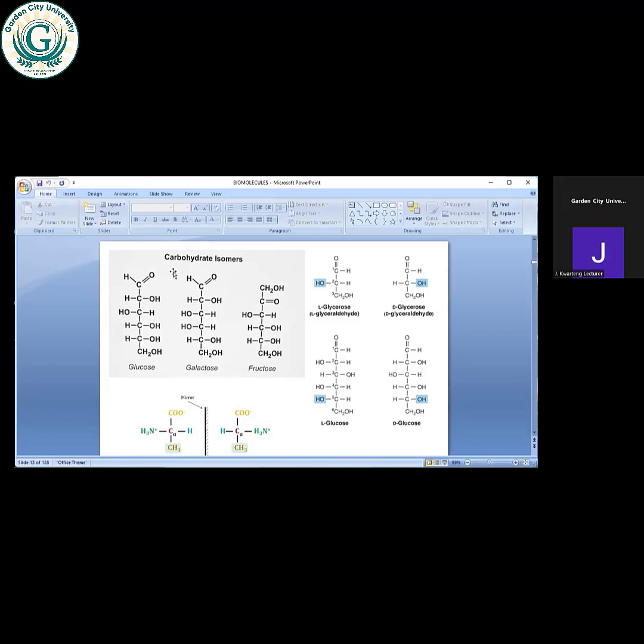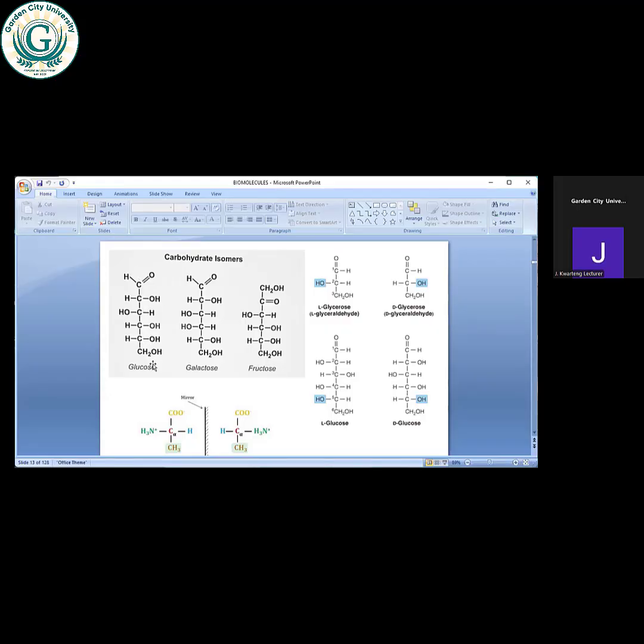And I told you that any carbohydrate that has an aldehyde functional group is called an aldose. So glucose is an aldose sugar. Galactose is also an aldose sugar. But if you take fructose, it rather contains a ketone, and so it's a ketose sugar.